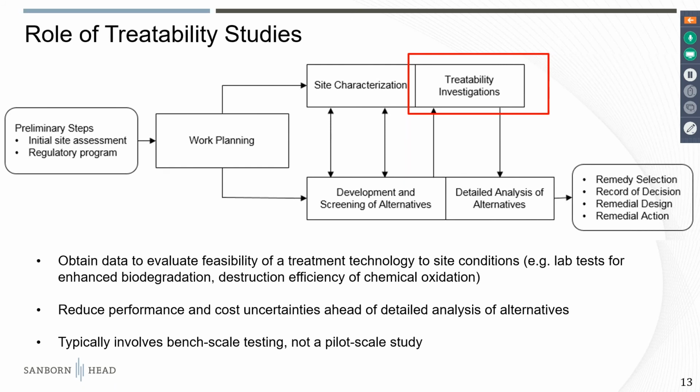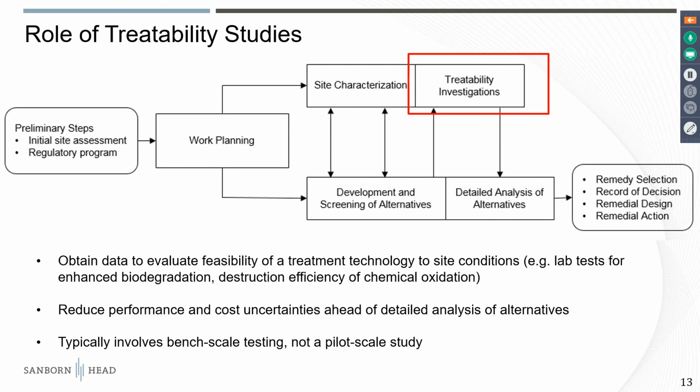You want that treatability investigation information to come in and support your feasibility study and your evaluation of your technology. So it's not necessarily a linear process. You want to have that feedback that you get from evaluating the effectiveness of technologies specific to the site you're investigating.